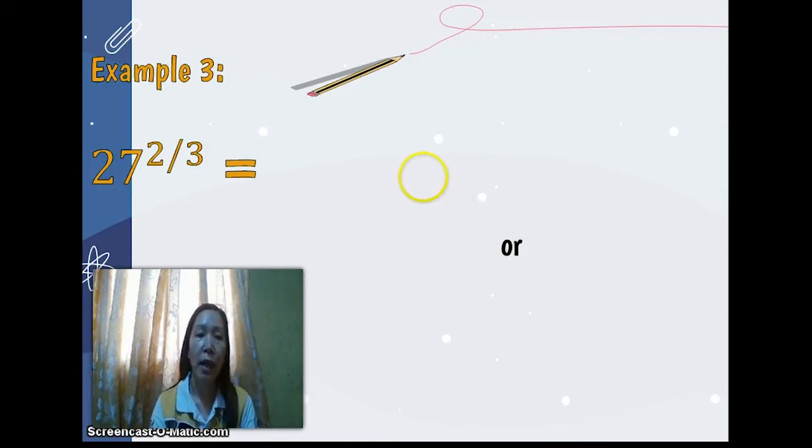You can do the power first, then the root, or you can do the root then the power. My advice is you just pick one, but I'm going to do both to show you what will happen. Just copy the base 27. I will square this first and then raise to an exponent of 1/3.